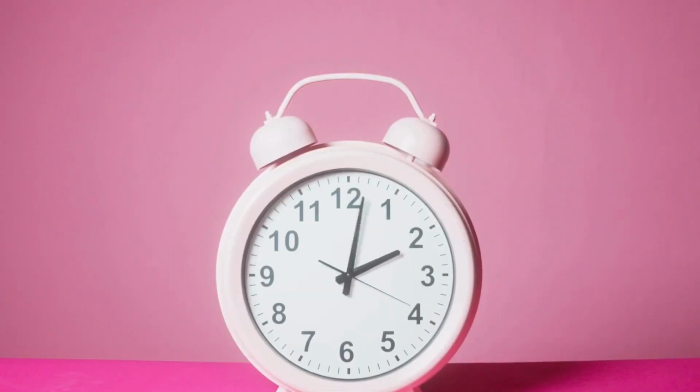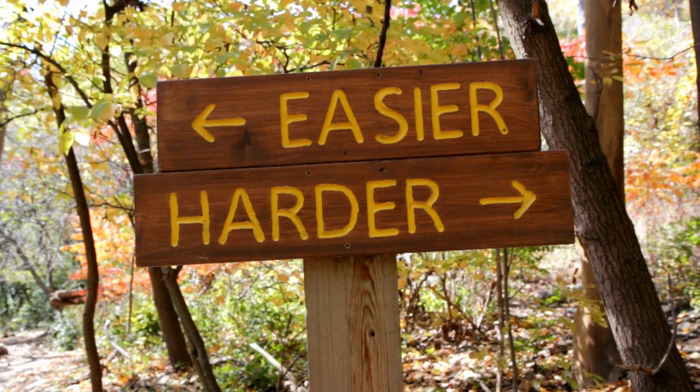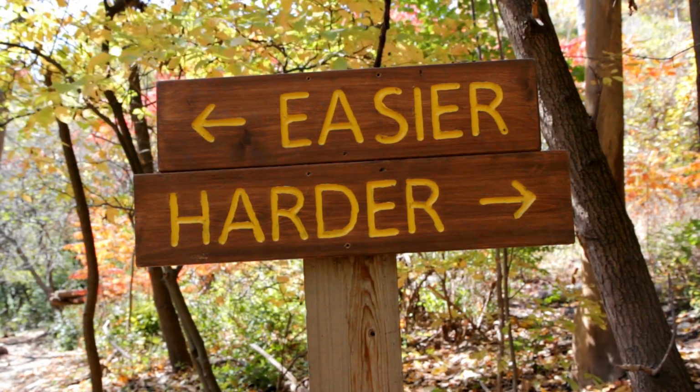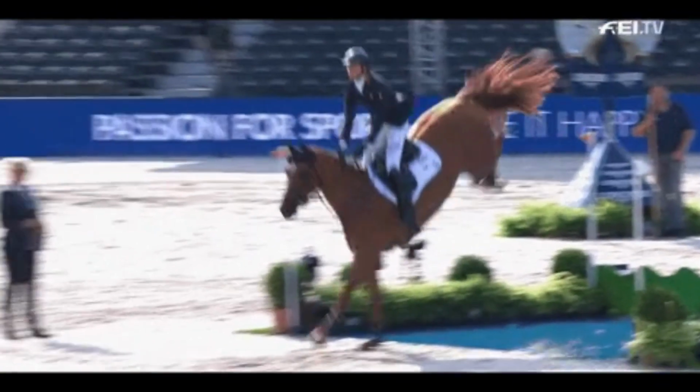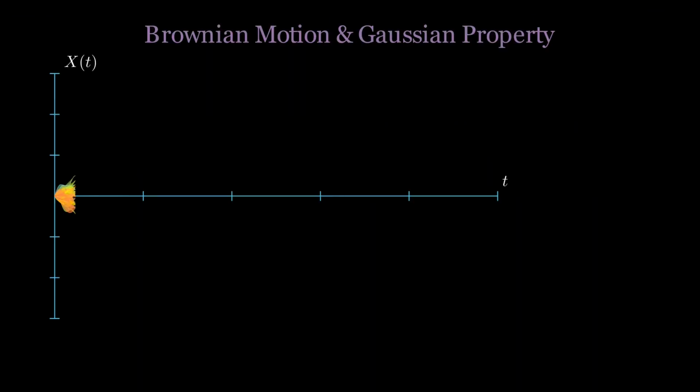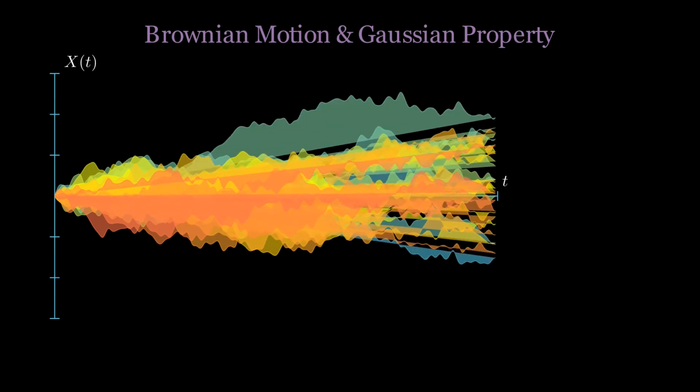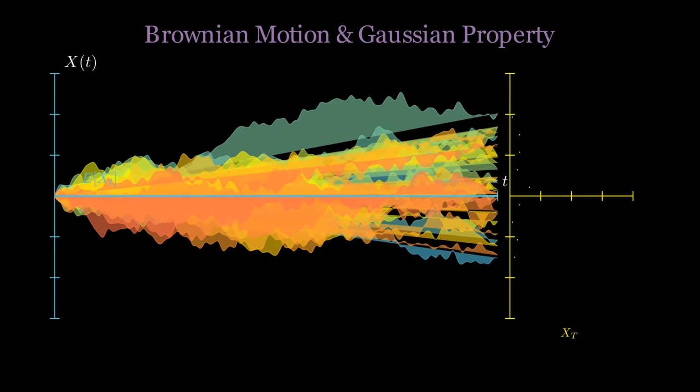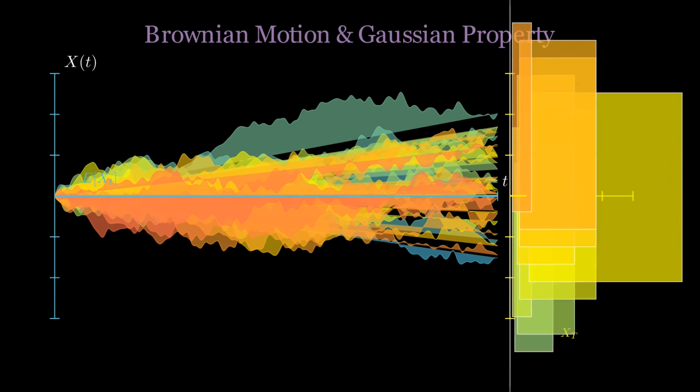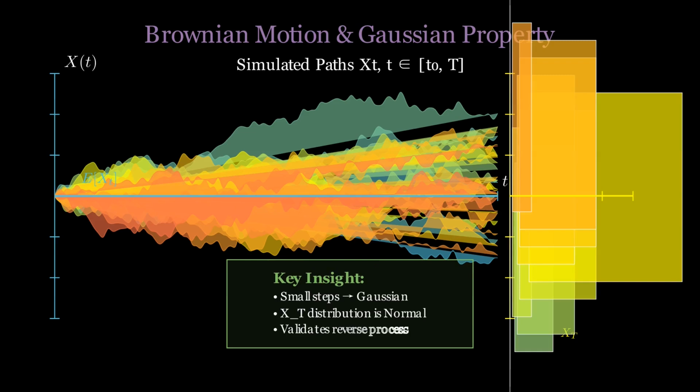Second interesting insight is that learning to reverse each intermediate step of the reverse diffusion process may be easier than learning to sample from the target distribution in one step. Taking inspiration from Wiener processes and Brian Anderson, it can be shown that this reverse conditional distribution p of xt minus 1 given xt follows a normal distribution, as the forward process is Gaussian given the noise that is introduced is small.